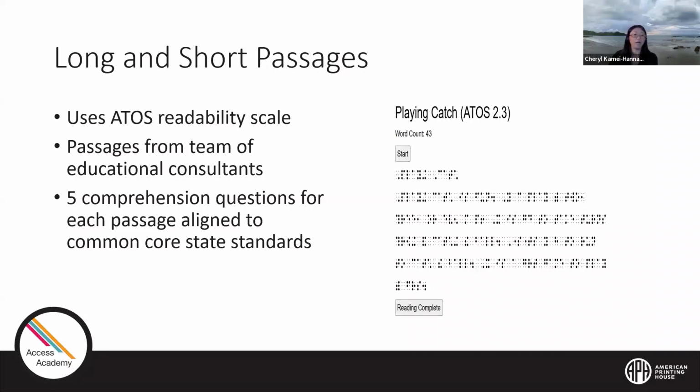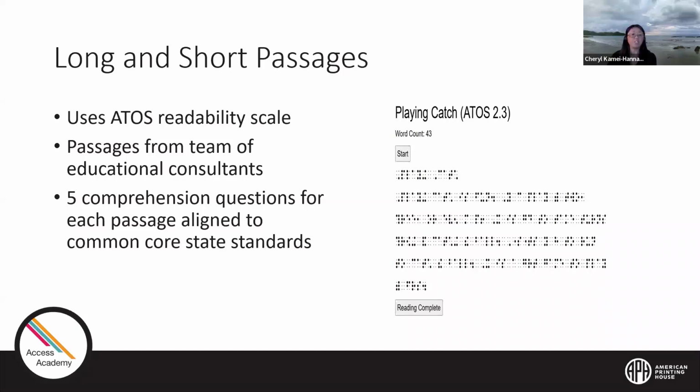The second reason why we have the short passages is because for some of our students who are reading at very slow rates, the amount of stamina that you need in order to complete a long passage can sometimes be pretty grueling. When we tested these passages out using the iBraille challenge materials and the reading and writing adventure time materials, some of our students were reading anywhere between 5 and 10 words per minute.